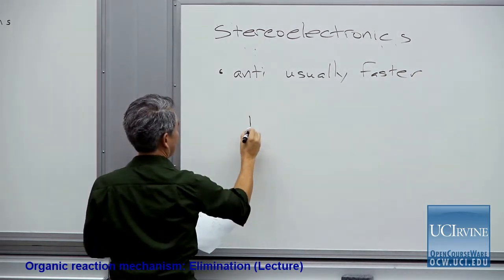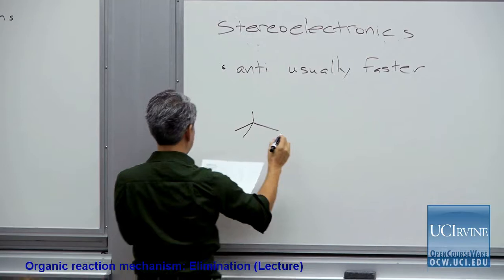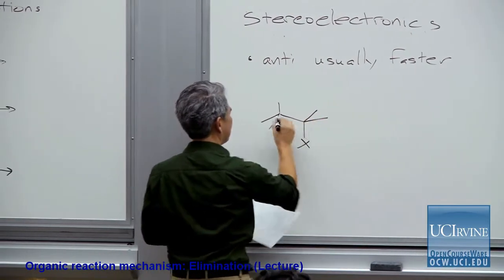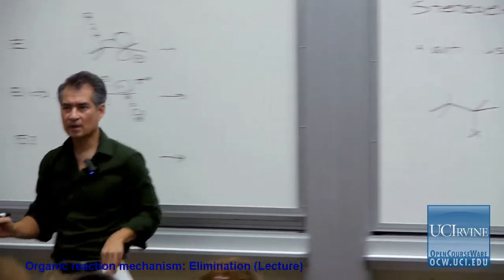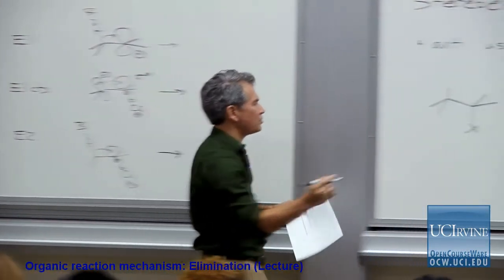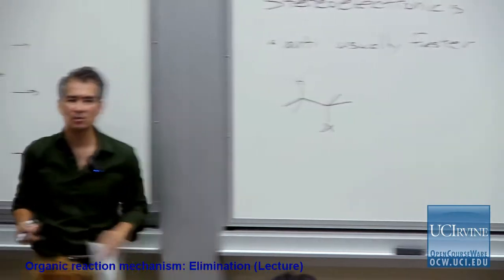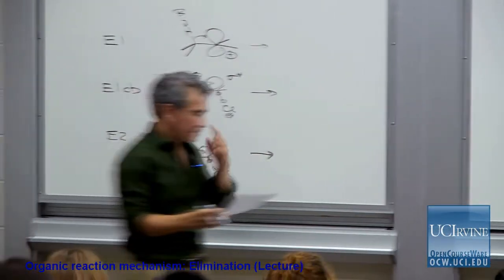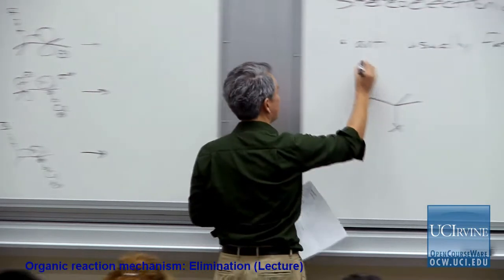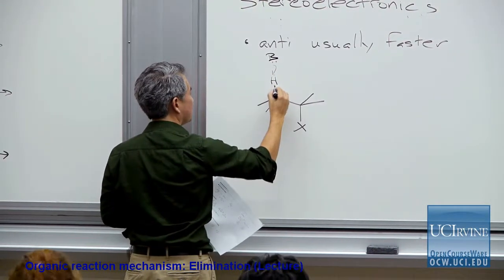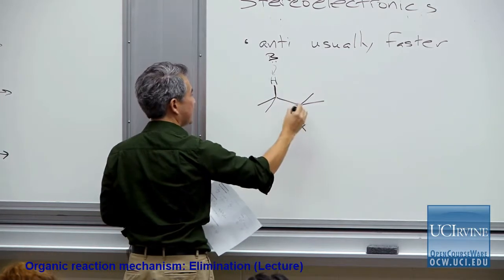So let me go ahead and draw a sort of conformational depiction here. And I want to be very particular as I draw about this substituted carbon-carbon system, about the required anti-relationship between the proton that you pull off and the leaving group. This is the idealized orientation for an E2 elimination reaction mechanism, where this proton-carbon bond here is anti to the leaving group.